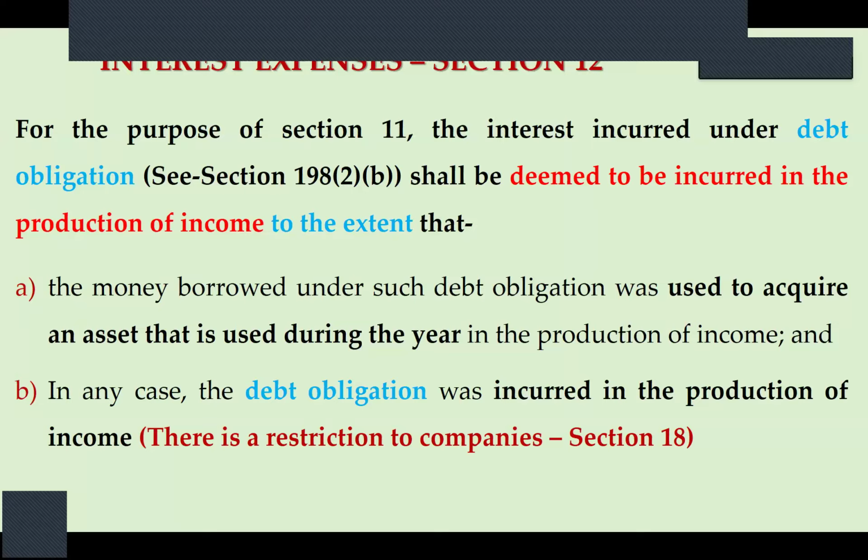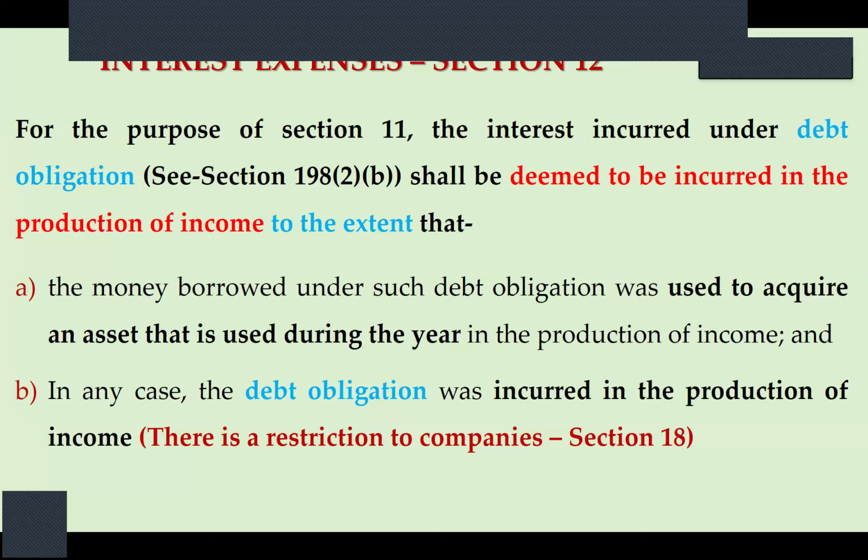So if we borrow money and that borrowed money is used to acquire an asset, and if that asset is used during that year in the production of income, then the interest paid on that borrowed money can be deducted under section 11, even though that asset is a capital nature asset. We can deduct interest expenditure.